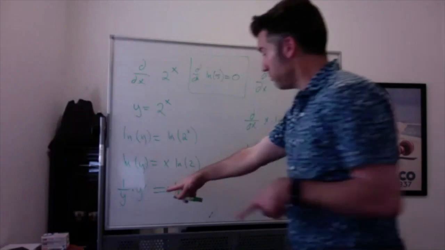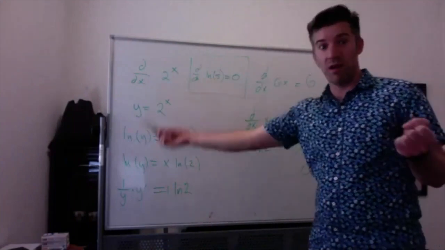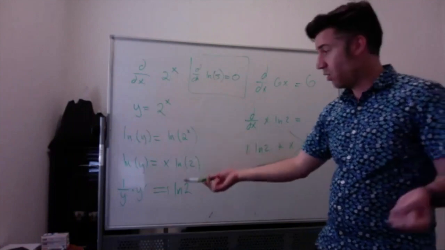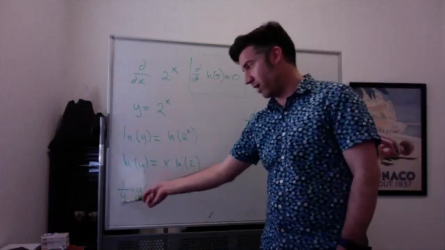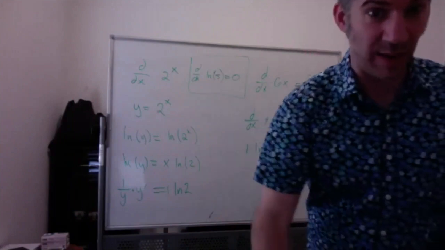Okay, finishing this problem off. Whenever we're finding a derivative using logarithmic differentiation, once we get to the stage where you have 1 over y times y prime, we multiply both sides by y to isolate y prime.